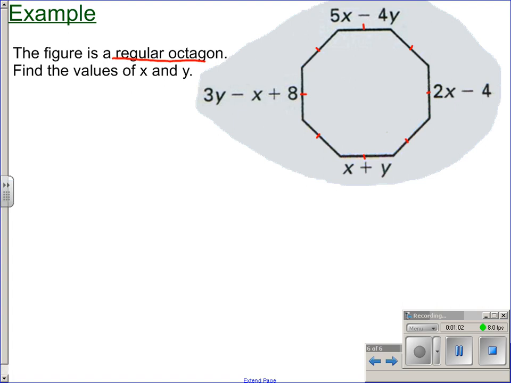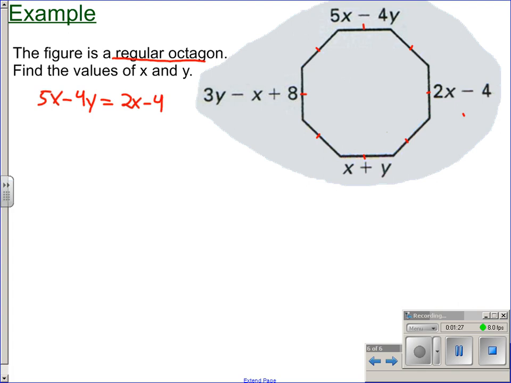So what we're going to do is create a system of equations. You got 4 sides. You know they're all the same, so just pair them up. I'm going to go with the top one and the one on the right side. I'm going to set them equal: 5x minus 4y equals 2x minus 4.